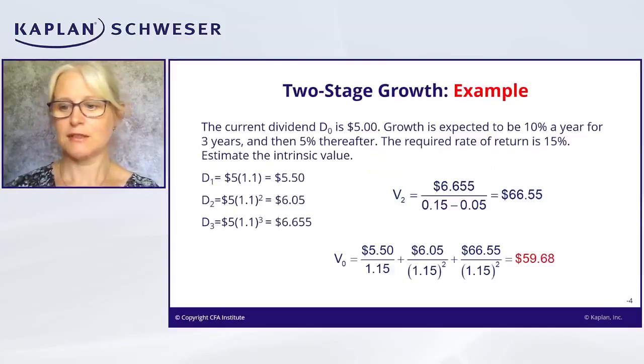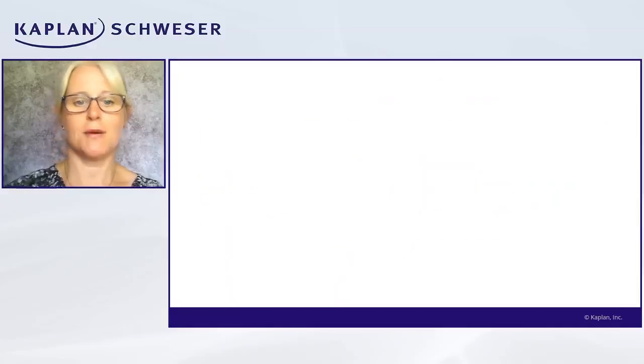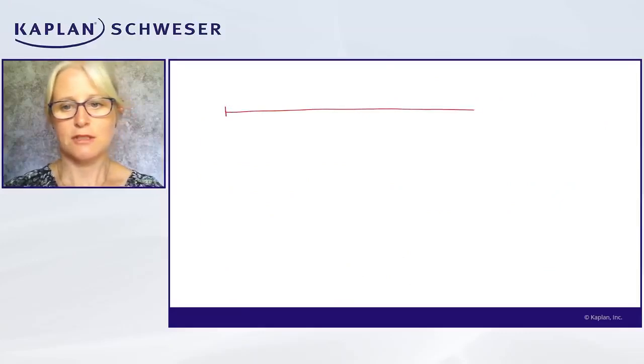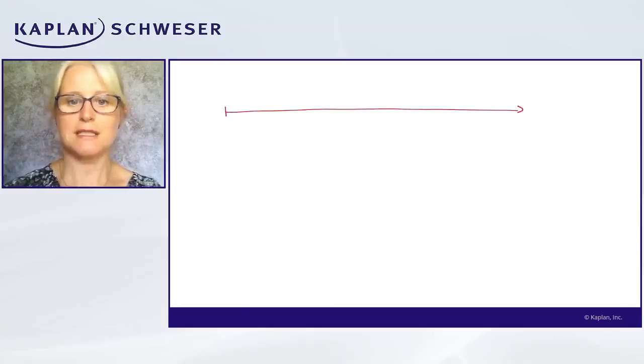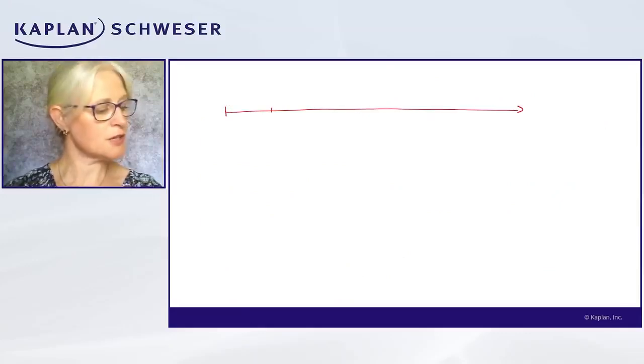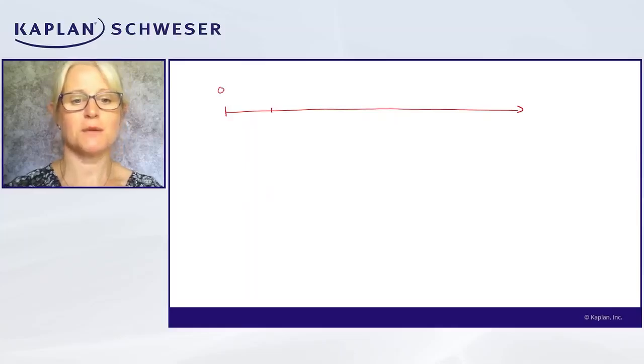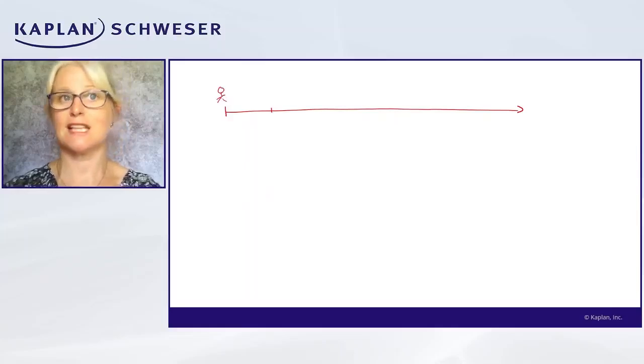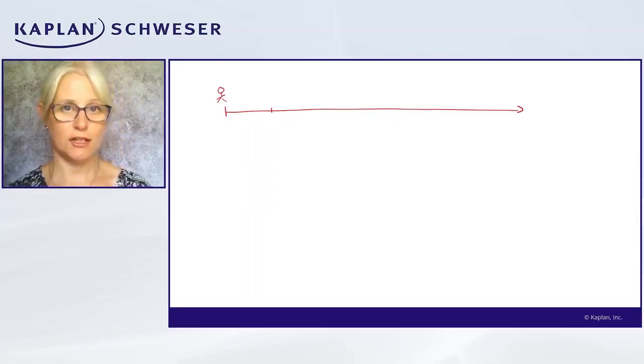Okay, so let me just show you my way of thinking about this, then we'll come back to the numbers. So obviously I draw a little timeline. There's no end to my timeline. I'm told the current dividend is 5, but if I'm buying the share, I don't get that. That's gone. By the way, we could call that an ex-div share price, and it's our usual assumption. We're not going to get that dividend. We're looking forward a year.